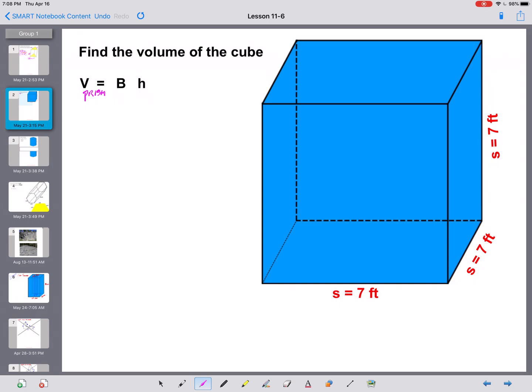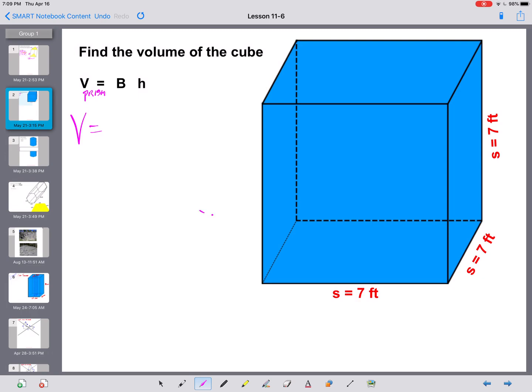On this one, each edge is 7 feet. What does capital B stand for again? Area of the base. What kind of base is it? It's a square, 7 feet by 7 feet.